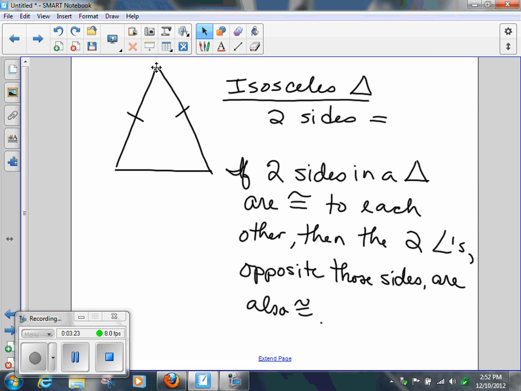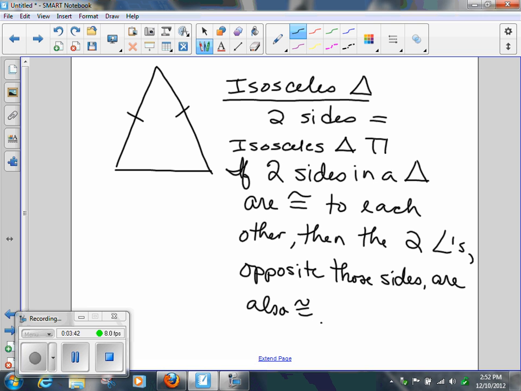And I think that's called the isosceles triangle theorem. Yeah, that's on page 273, and it is the isosceles triangle theorem. If two sides in a triangle are congruent, then the angles opposite those sides are also congruent.